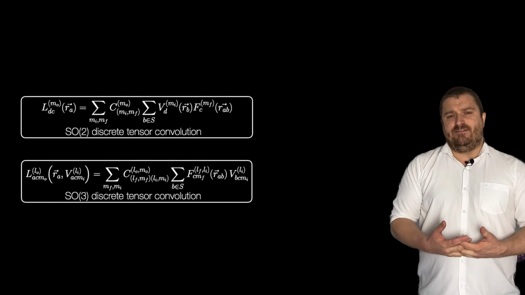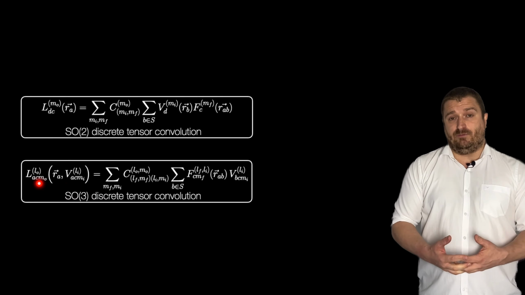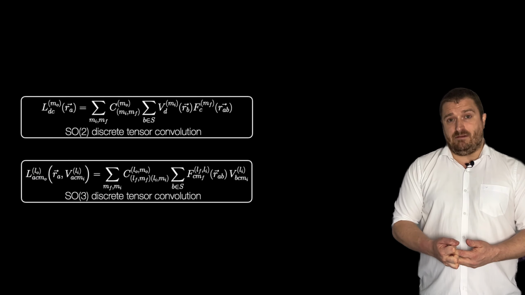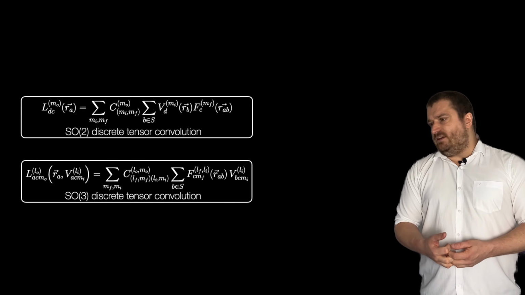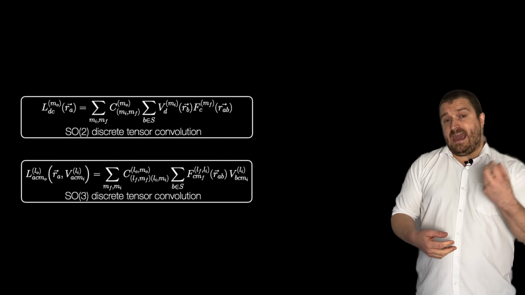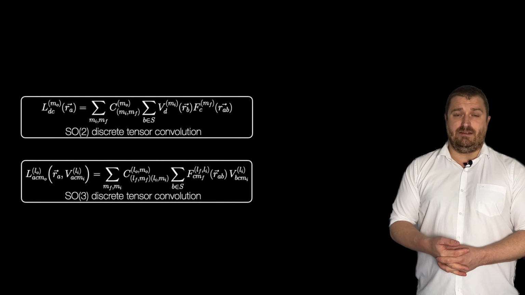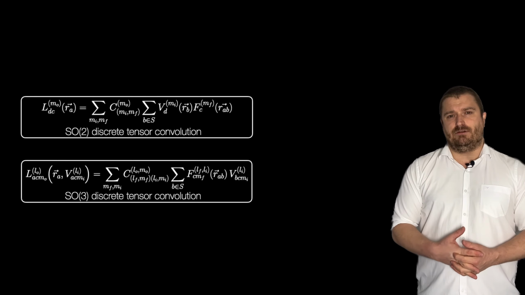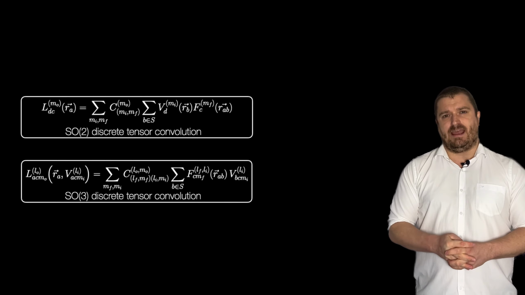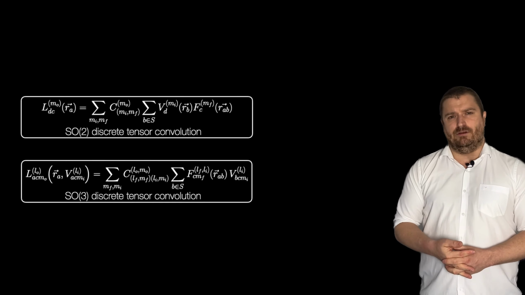So that's why on the left-hand side for the convolutional layer definition you see the indices L0 and M0, and they just correspond to the SO3 irrep that we obtain in the feature map. The other indices A and C, well, A just corresponds to which point the convolution is being done on, and C just refers to the radial index, because those radial functions don't really get involved with the convolution, and we still need to carry that index over in order to say which radial filter was used when doing the convolution.